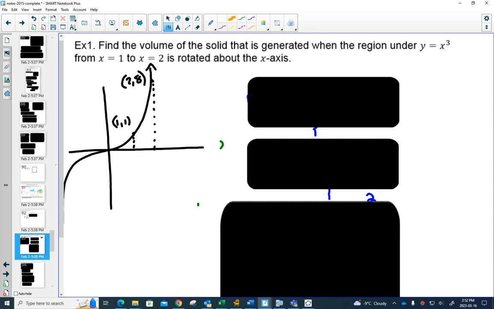The way that you draw these is you imagine rotating this section around, which would put this down to here and down to here. And then from this point to this point, for 3 dimensions, we draw an oval.